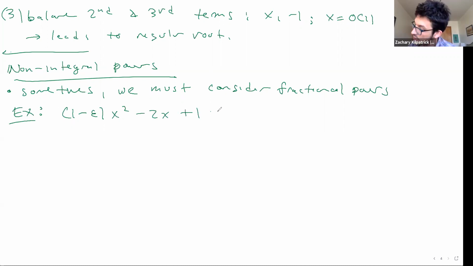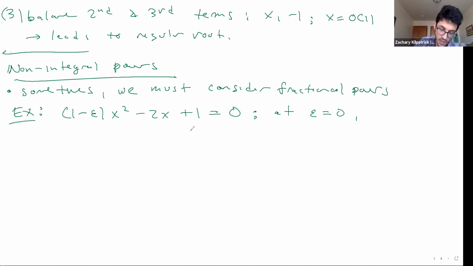Again, it's quadratic, so we could just solve it using the quadratic formula. But I want to note something that is interesting and maybe gives us some insight into when we may have to deal with these fractional powers. At epsilon equals 0, you would just have x squared minus 2x plus 1 equals 0.